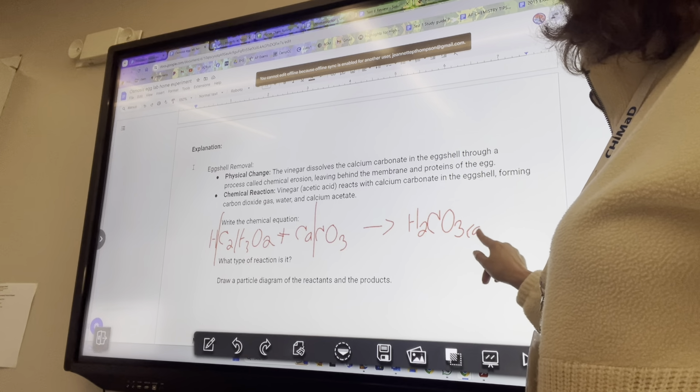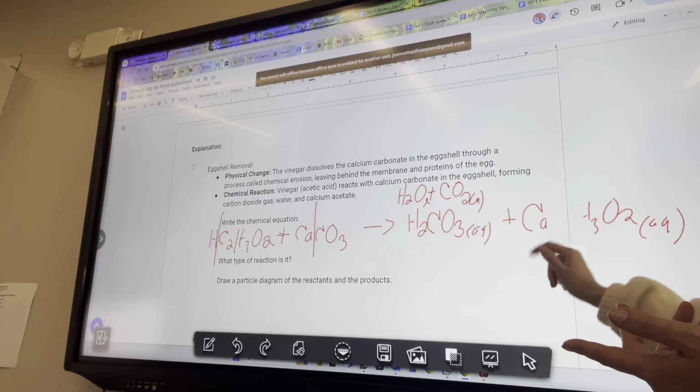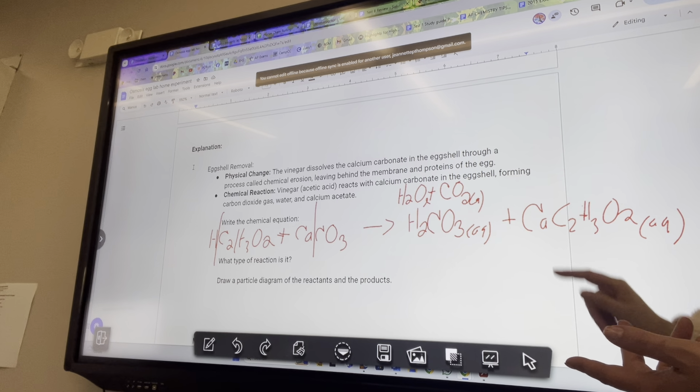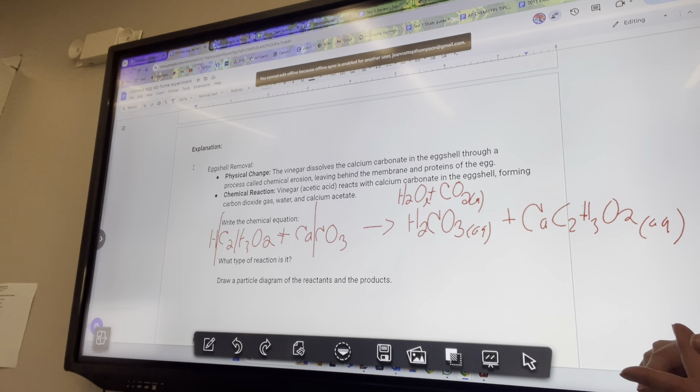The other product is the calcium acetate, CaC2H3O2, and that will be a solution. You shouldn't see a salt forming. What was the foam?